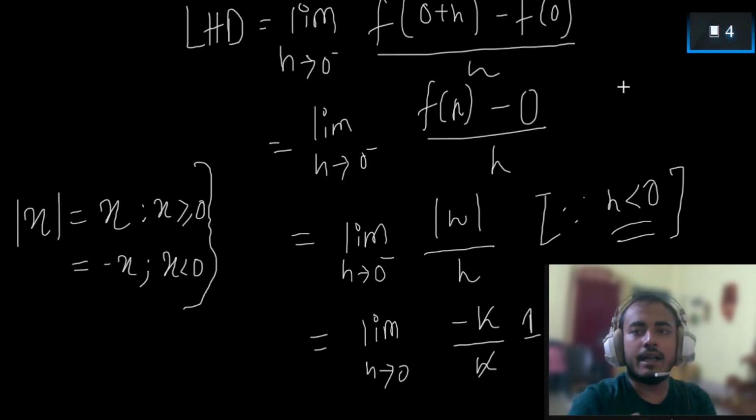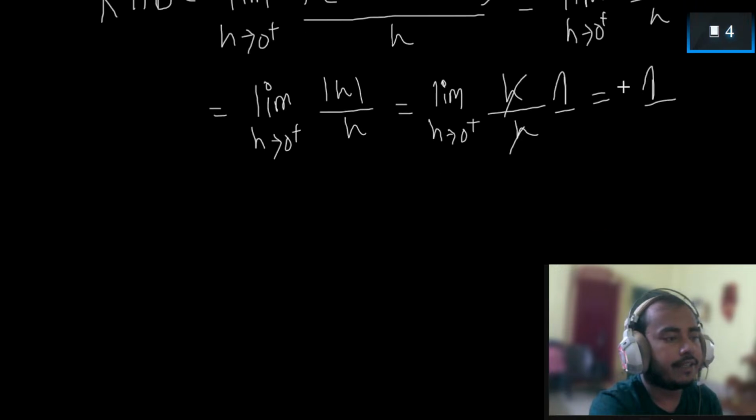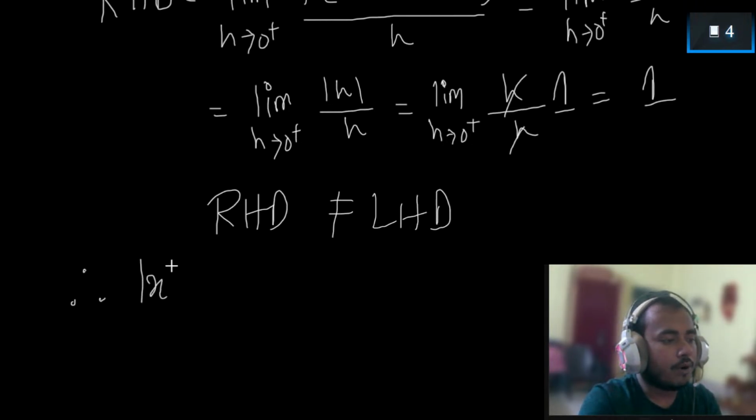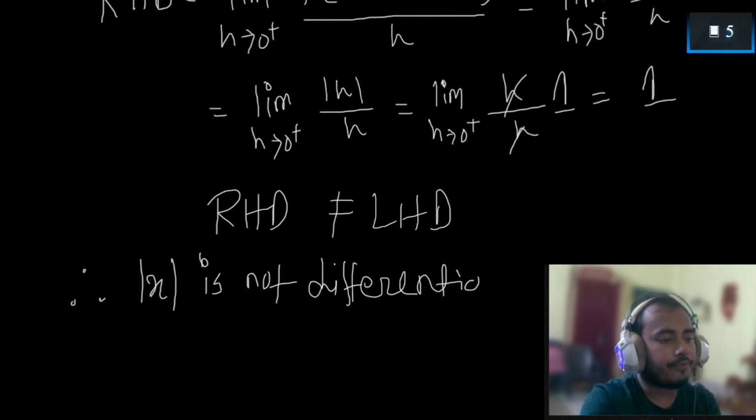So using these two values, we can conclude that the RHD is not equal to the LHD, which means therefore mod x is not differentiable at x equals to 0.